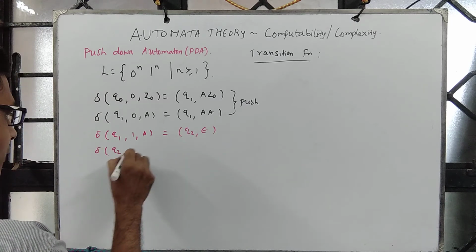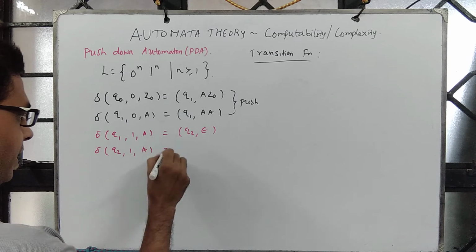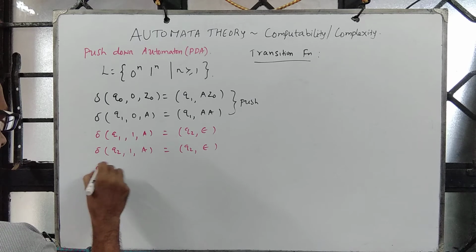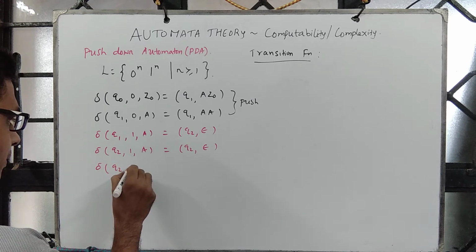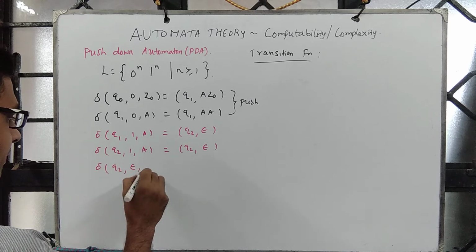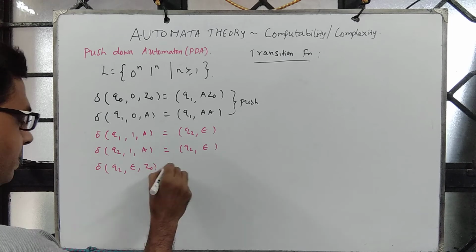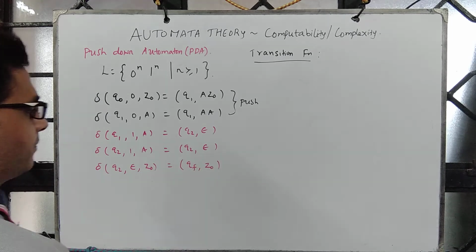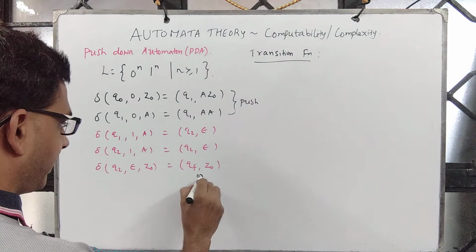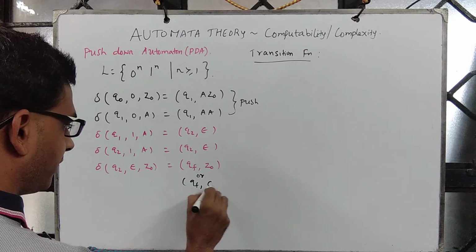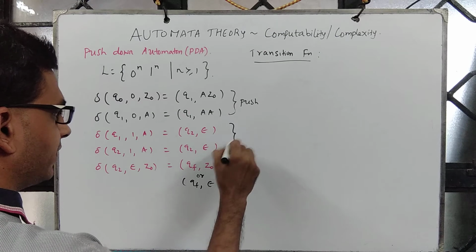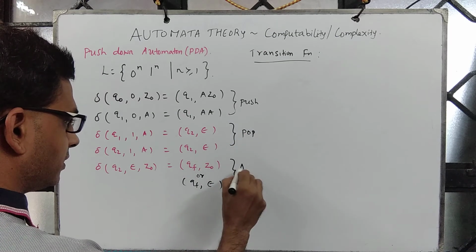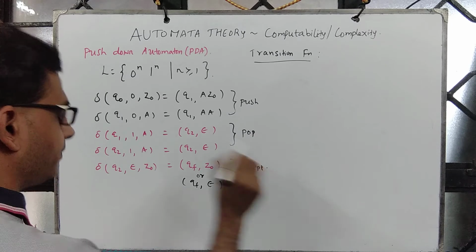Then delta of Q2, 1, A is Q2, epsilon. Then delta of Q2, input is empty, top of the symbol is Z0, then you reach the final state. You either write this or you say QF, epsilon. So this takes care of pop, and this is accept part.